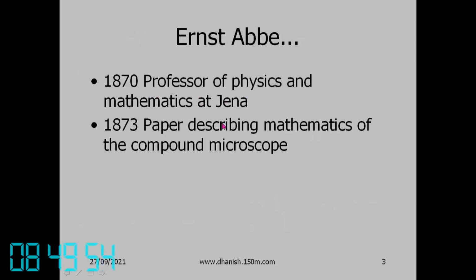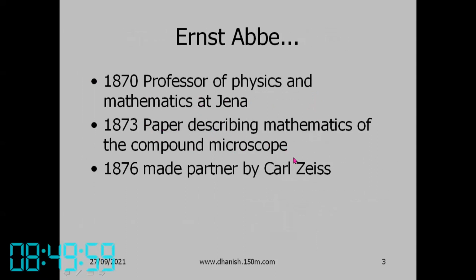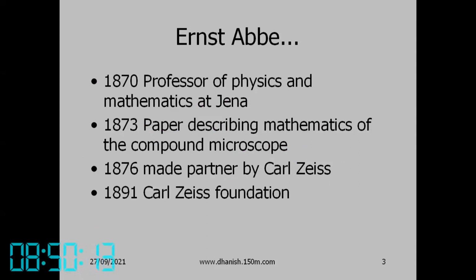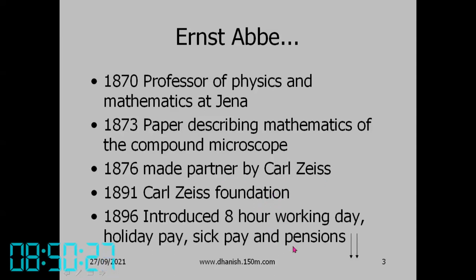In 1870, he became professor of physics and mathematics at Jena. In 1873, a paper describing the mathematics of the compound microscope, so with two lenses. In 1876, he was made partner of the firm by Carl Zeiss, so they became joint owners. In 1891, they started the Carl Zeiss Foundation. So what is the importance of this foundation? They were working for the welfare of the employees of the organization.